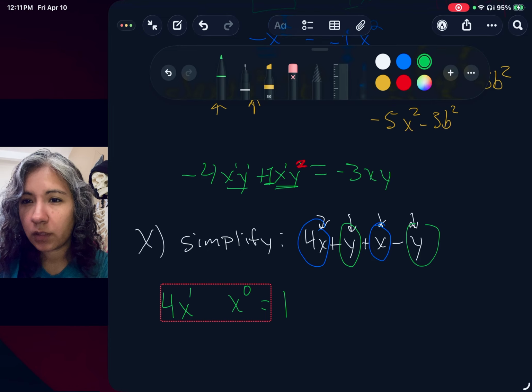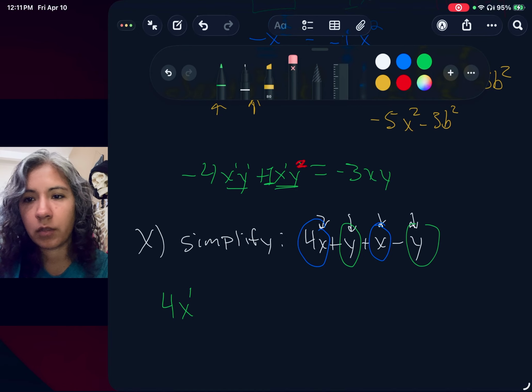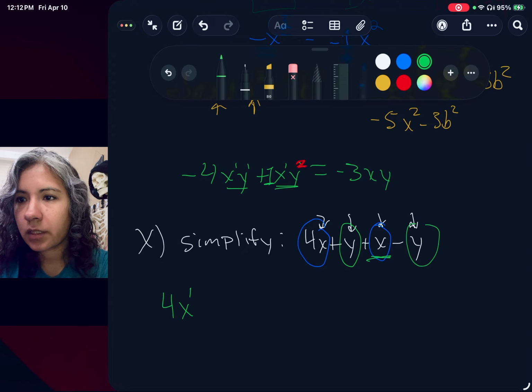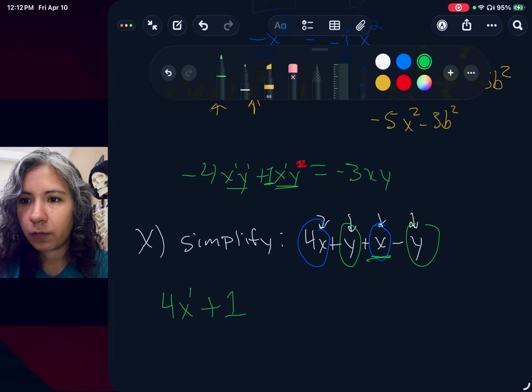So we couldn't do that. It's actually the super secret ninja 1 that we don't always write. Okay, so plus, and we have a 1 in front that we don't see, the ninja, x, and also 1.